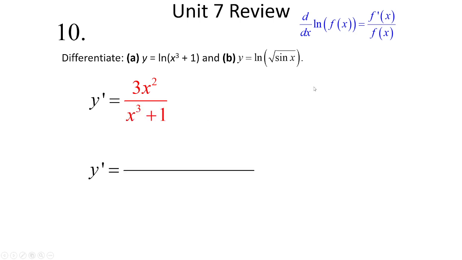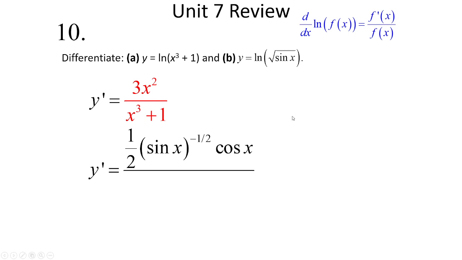This one right here. All right, y prime equals, okay, well, the derivative of root sine, so that'd be sine of x to the 1/2 power, so that's 1/2 sine of x to the negative 1/2. And then I got to go chain rule here, times the derivative of sine, which is cosine.